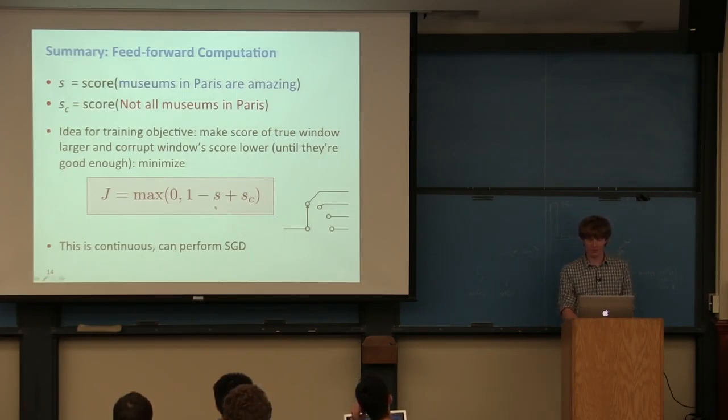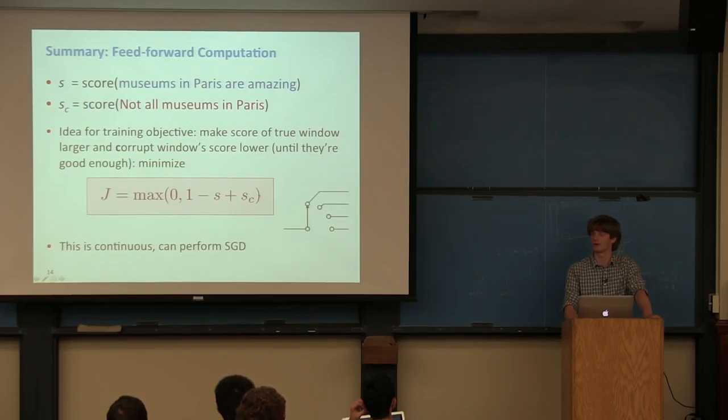If this correct score is, let's say, 10, and the one of the corrupt window is just 5, then 1 minus 10 plus 5 is much smaller than 0, and so we'll end up in this part of the objective function. And if that isn't the case, if it still can't quite distinguish a true window from an incorrect window, then we go into this part of the equation and we'll try to minimize it. And minimizing this will basically maximize the score of the correct window and minimize the one of the corrupted window.